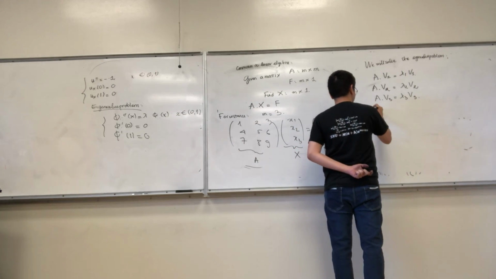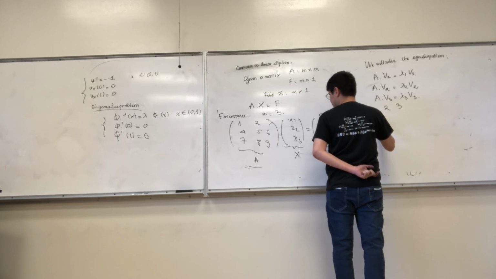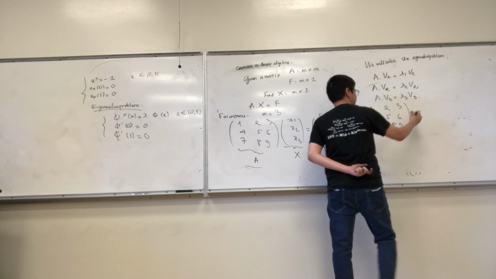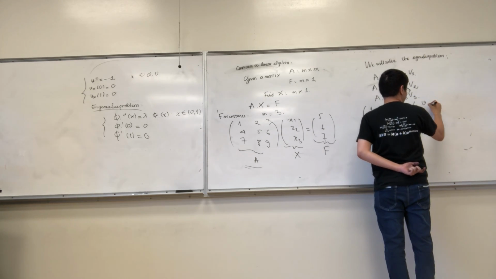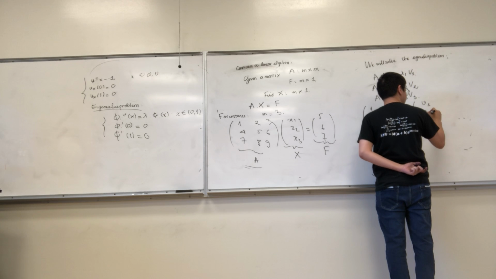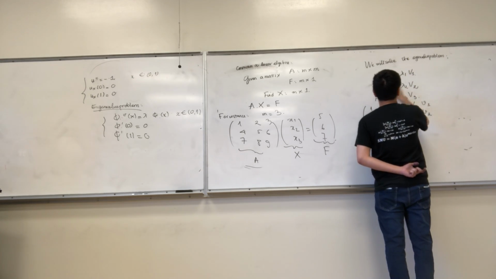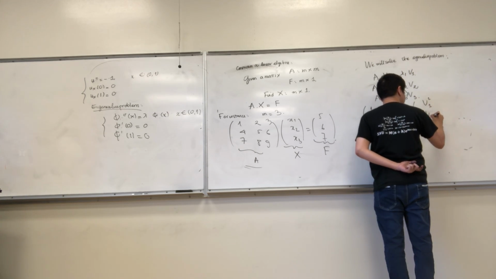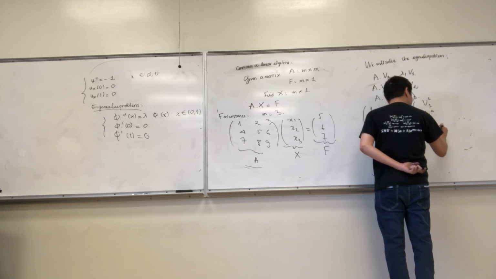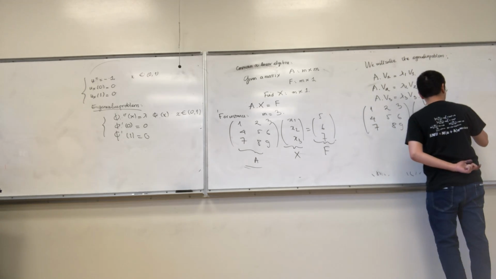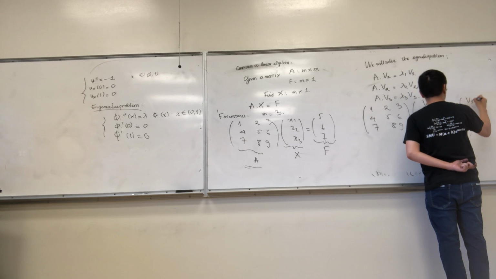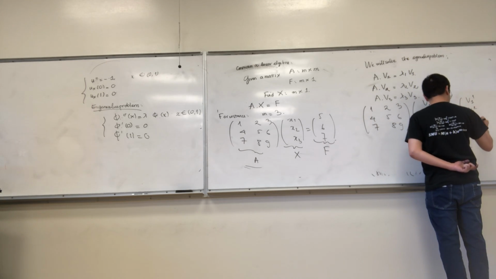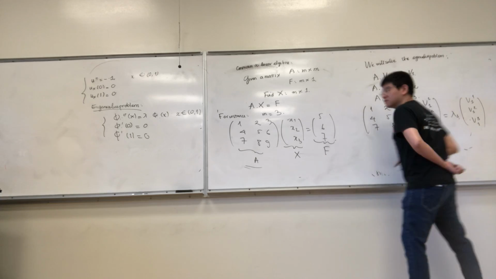So basically you have to find, with the matrix 1, 2, 3, 4, 5, 6, 7, 8, 9, then you have to solve for V1, say this is V1, the first component, V1, the second component, and V1, the third component, equals lambda 1 times V1 first, V1 second, V1 third.